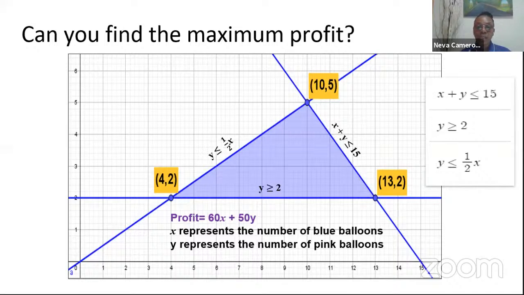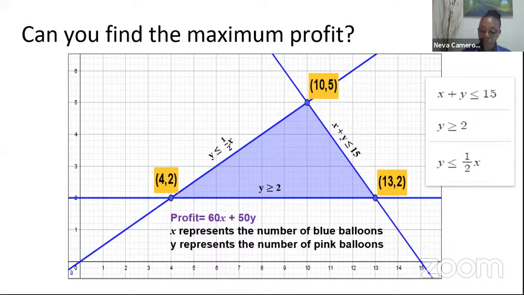So far we have looked at the number of blue balloons plus pink balloons should not exceed 15. We have looked at that the pink balloons should be at least 2. And we have also looked at that the number of pink balloons should be less than half that of the blue balloons.